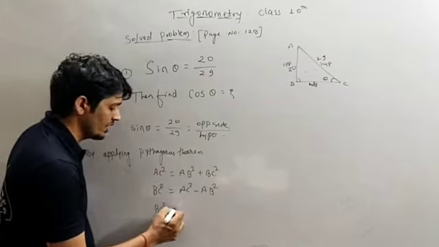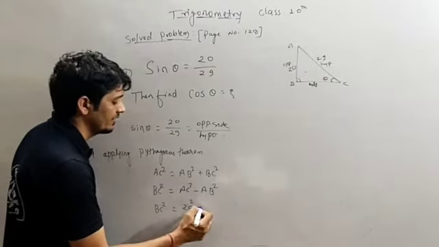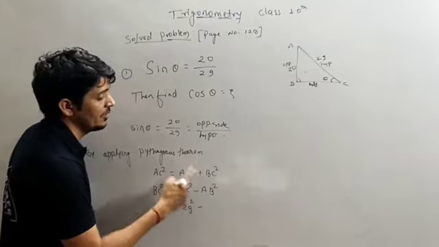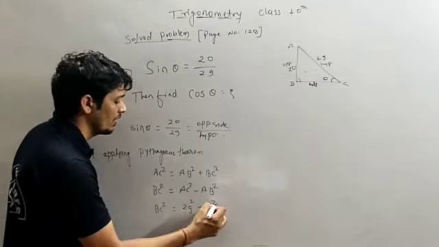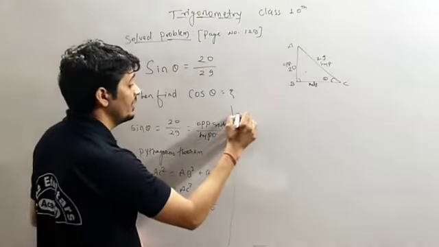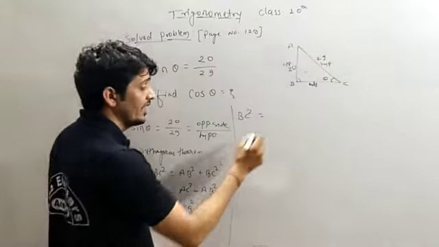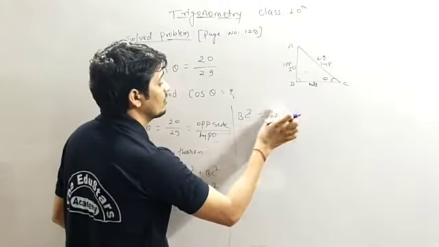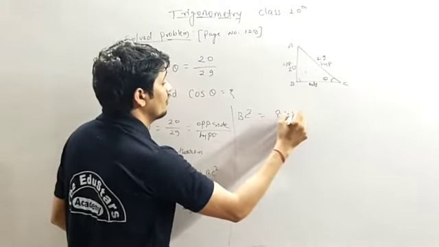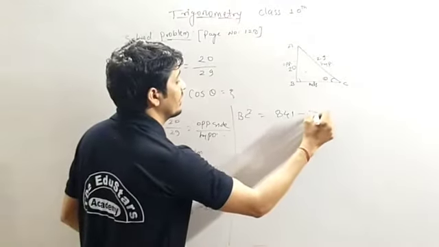So BC square equals, what is AC? AC is 29, so 29 square. What is AB? AB is 20, so we write square of 20. BC square equals, what is the square of 29? 841, minus square of 20 which is 400.